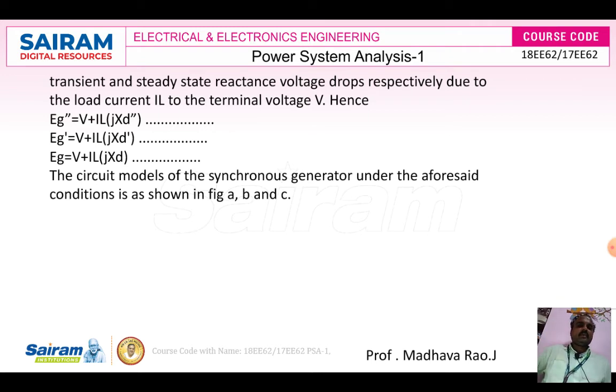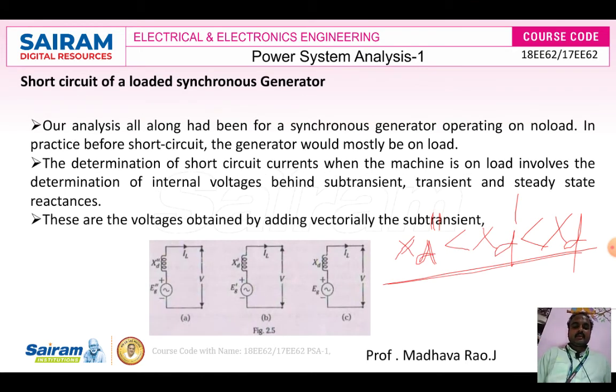These three voltages appear when the short circuit occurs in the different regions. The circuit model of the synchronous generator under these conditions is shown in figures A, B, C.